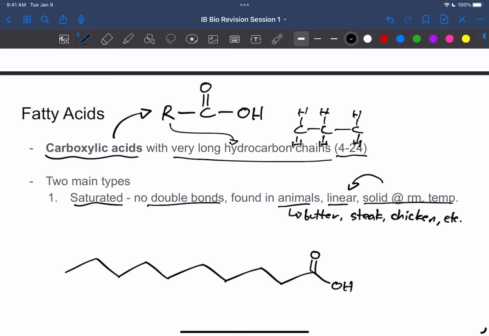When you maximize these van der Waals, you get very stable interactions, which means it takes more energy to break them apart.